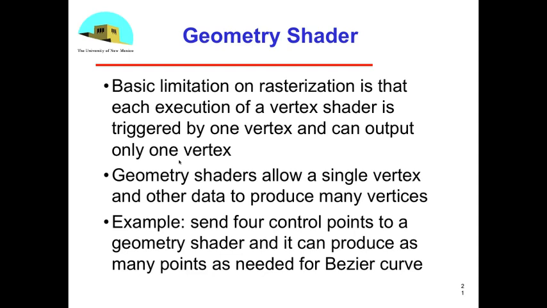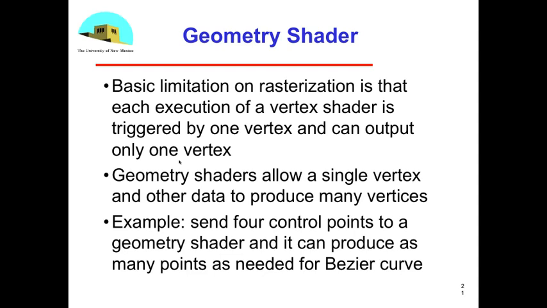And so I'm sort of in this problem that I have four data points which I can look at as vertices, but this doesn't fit how our standard vertex shader works. Well, what was done was that OpenGL created what are called geometry shaders, which allow a vertex to get more data.